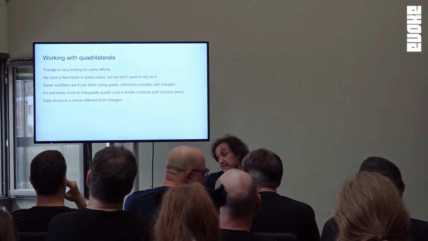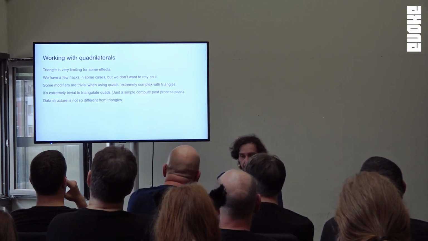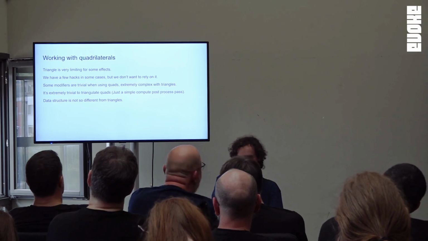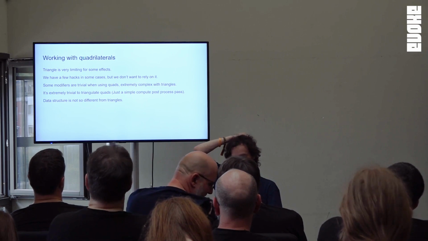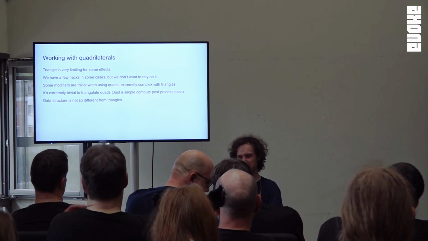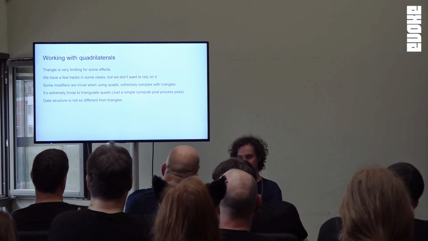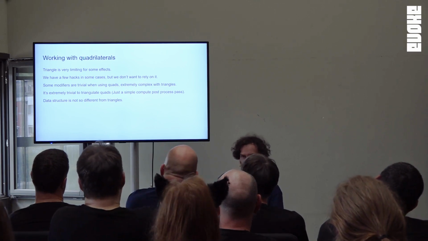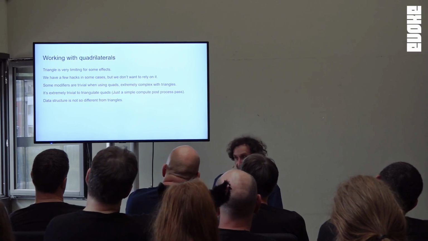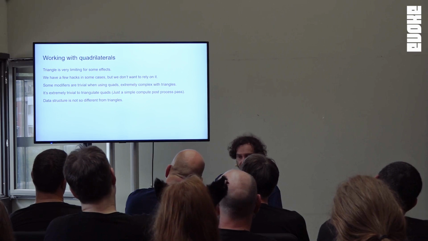So now, the other thing which was really important for us, as I said, we wanted to work with quads, because we had a few hacks. I will explain it very quickly. The thing is, some modifiers are really trivial with quads, and they are extremely hard with triangles. And on the bright side, it's extremely trivial to triangulate a quad.